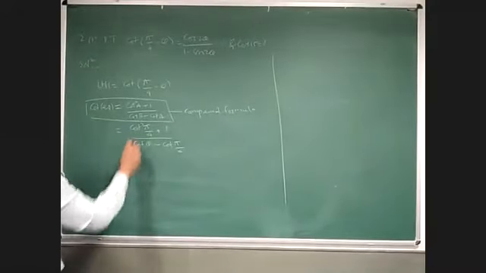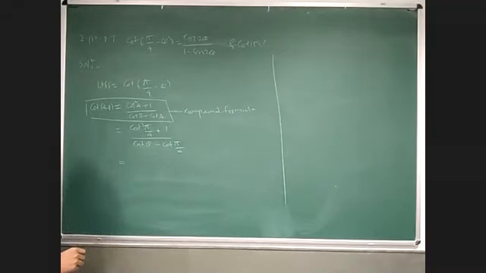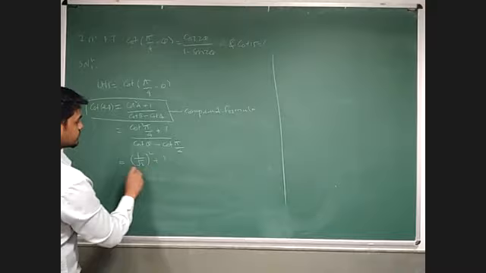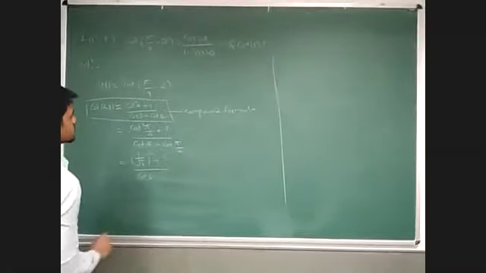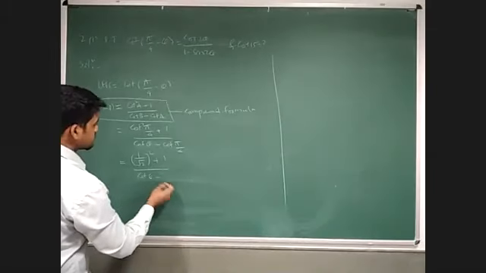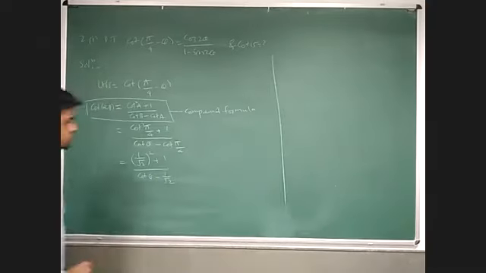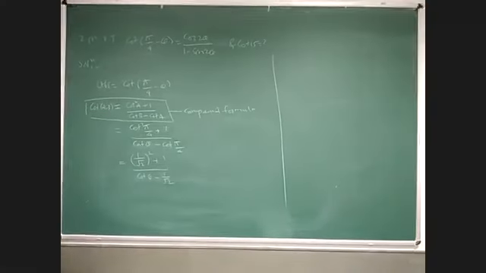Now cot pi/4 is nothing but 1 by root 2, so I get (1/root 2) cot theta plus 1, over cot theta minus 1/root 2.